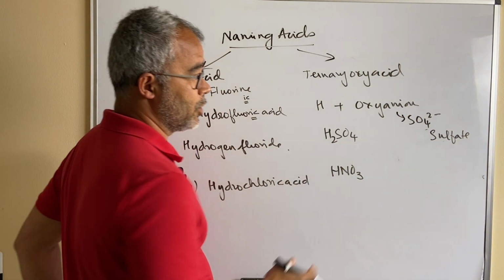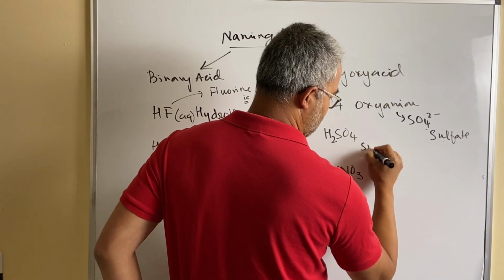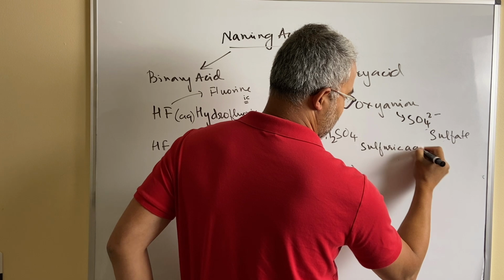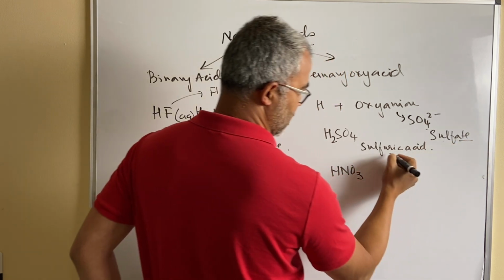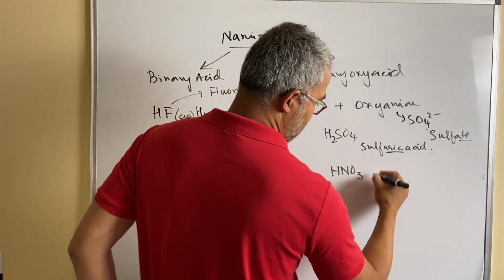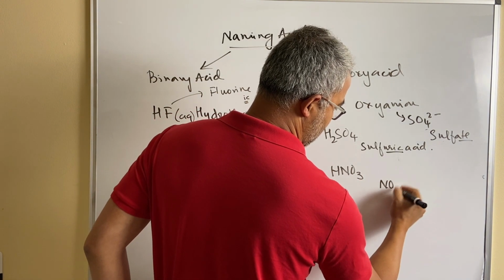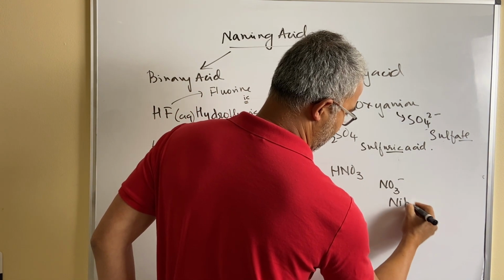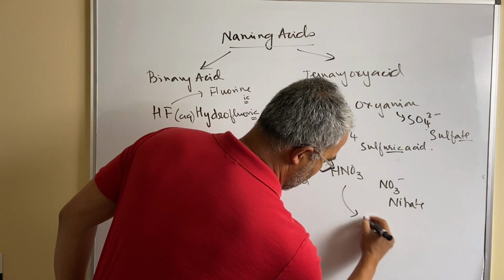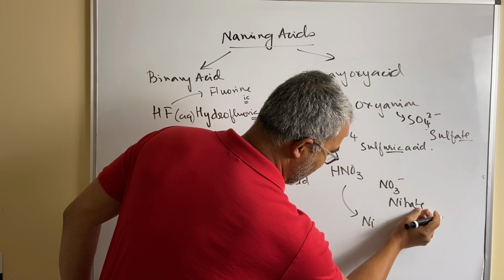So you would change the ending and call it sulfuric acid. So the ATE gets removed with an uric acid. Okay. Out here, the oxyanion is a nitrate. Then the acid would be a nitric acid.